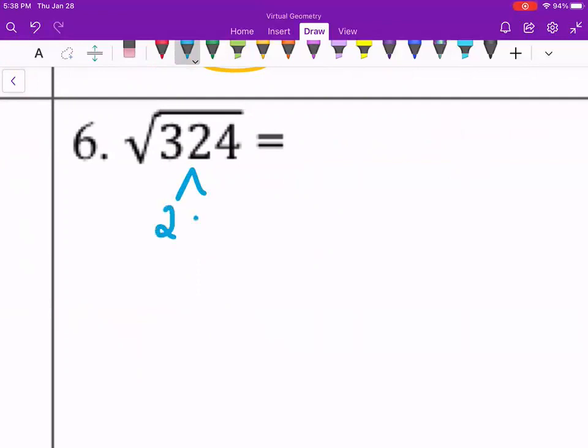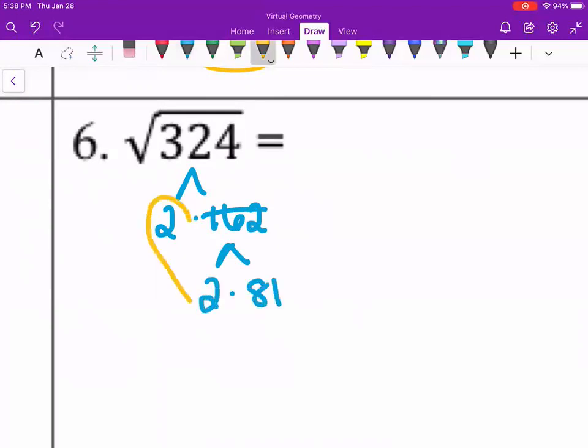I can do 2 and 162 to get 324. So the 2 is done. 162 can go farther. And again, maybe you only know it's divisible by 2 because it's an even number. Well, I can do 2 times 81. And right now, there's a pair. That 2 can come out to the equal.